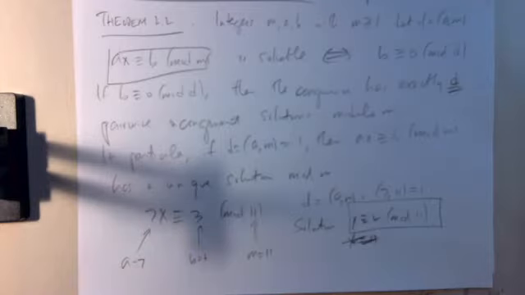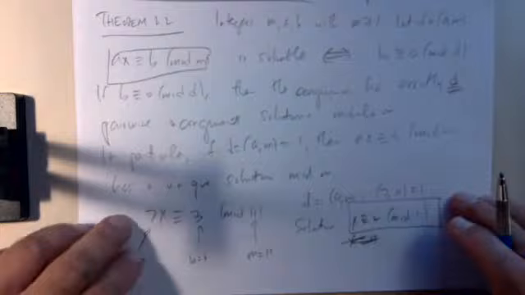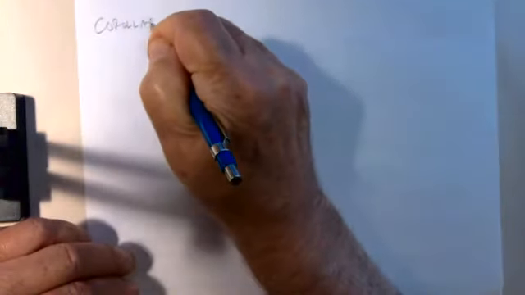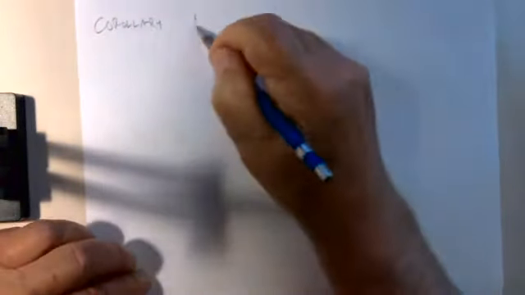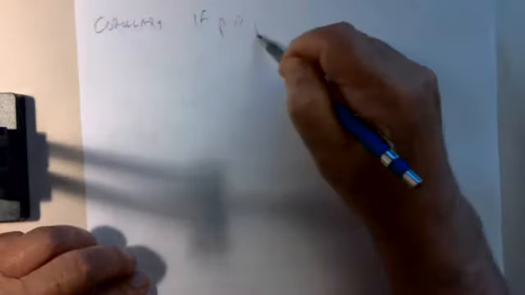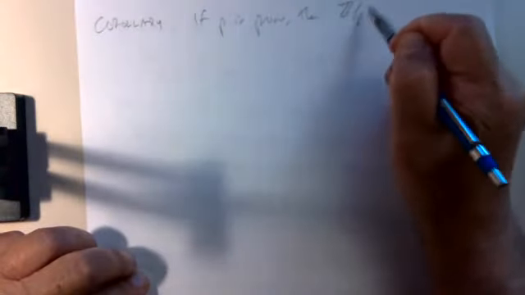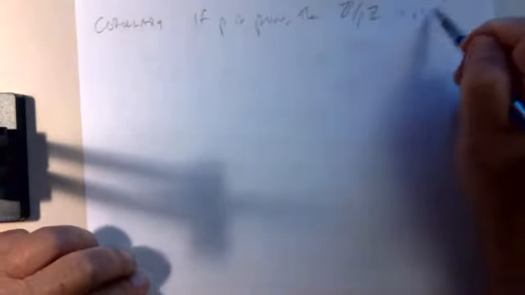And it also says, as a corollary, that if p is prime, the set of congruence classes mod p, Z mod pZ, is a field.